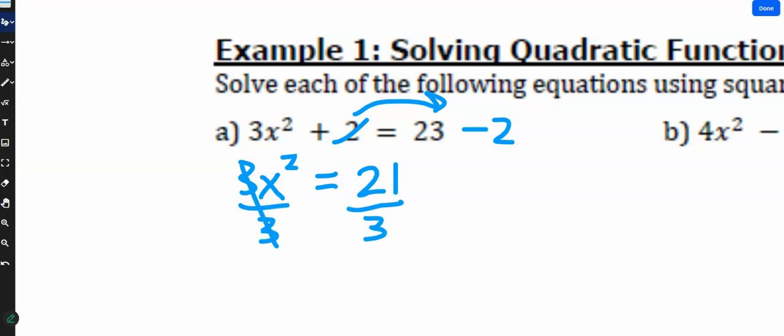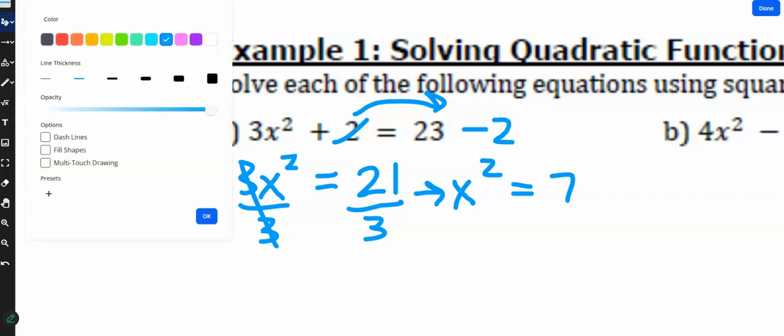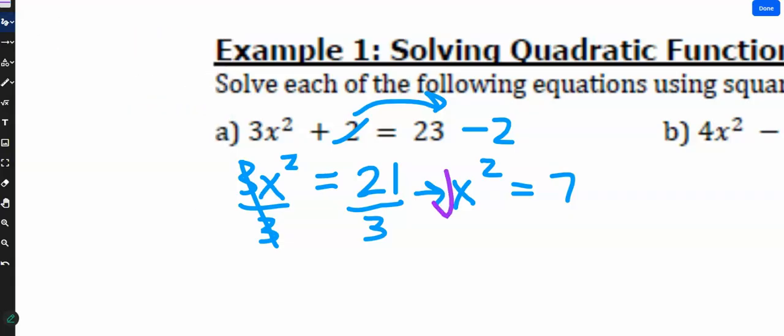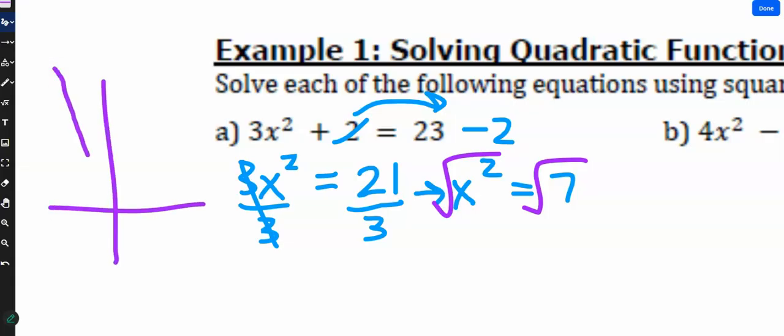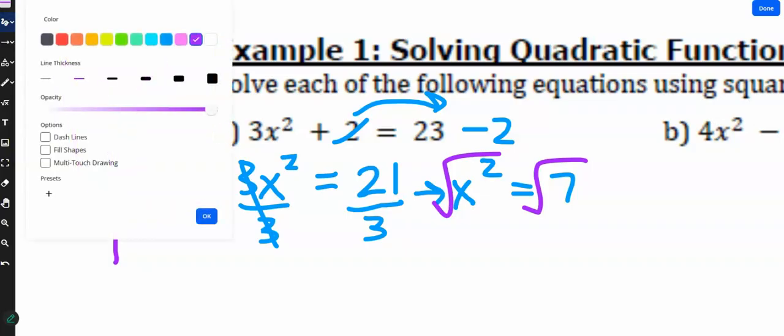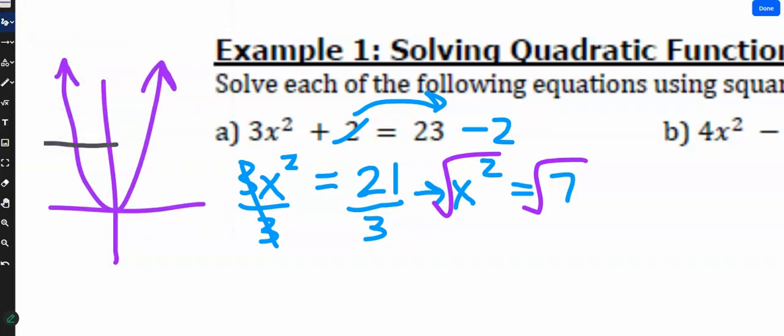Now, keep in mind that when we have x squared equals 7, we are going to use the square root to get rid of the square. But I need to show you a picture. It's a picture of a parabola, and we have a horizontal line that comes through, y equals 7.